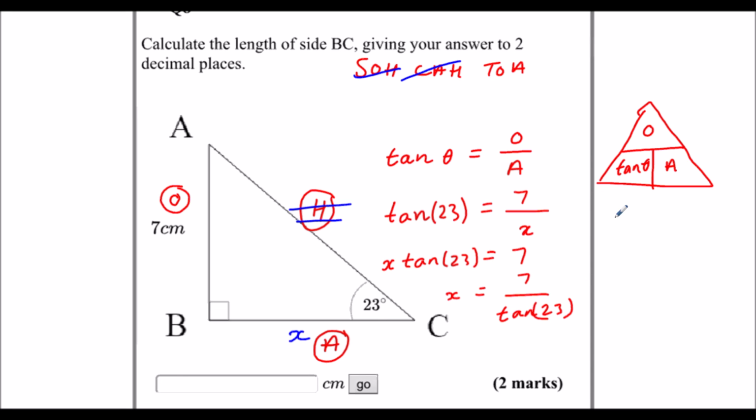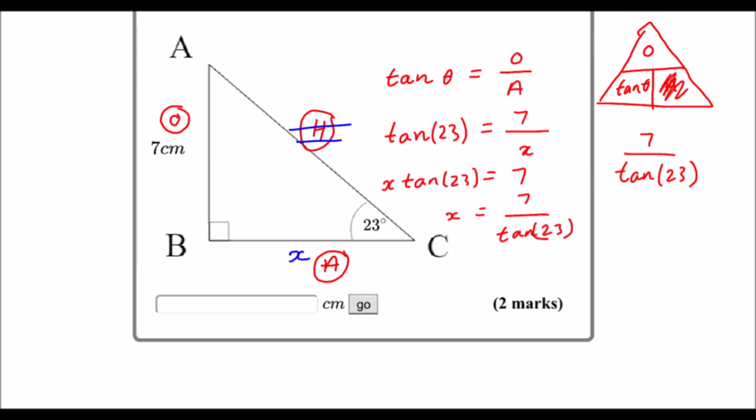Or if we're using the triangle, we're working out A, so we cover over A. So it's O divided by tan with the angle, which is again 7 divided by tan 23. So just type it into the calculator. 7 divided by tan 23, and I've got 16.49 to 2 decimal places.